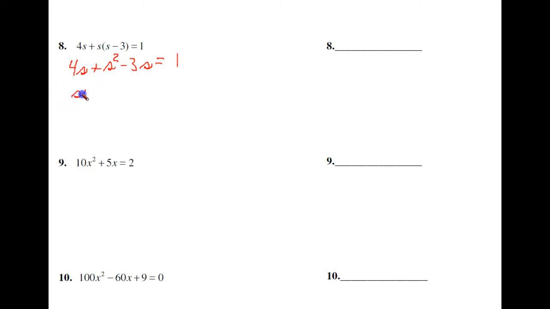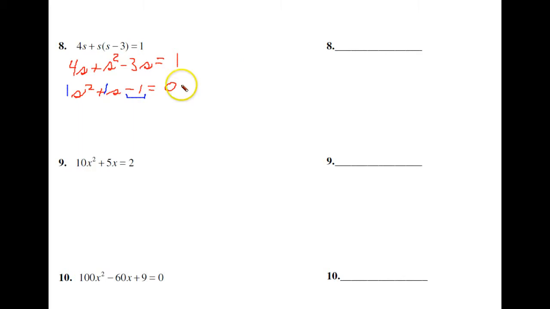So we have s squared plus s, 1s, transpose that, negative 1 equals 0. Now we can identify our a, b, and c. Our a is 1, our b is 1, and our c is a negative 1.